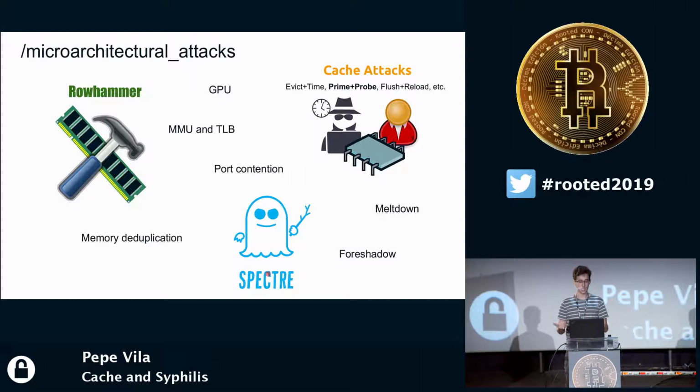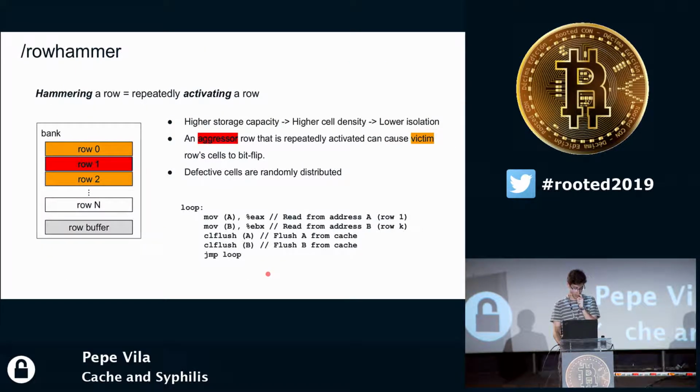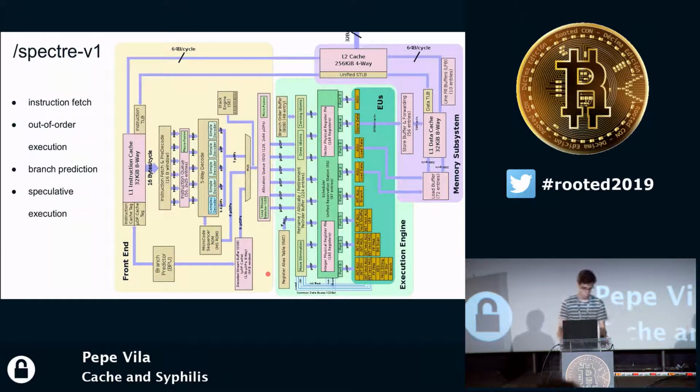We will see the diseases related to the attacks, and then we're going to talk about how we can do it with JavaScript. I'm going to skip Rowhammer to stick to the time, and we're going to talk about Spectre. This is a very ambitious slide, but let's see what happens.